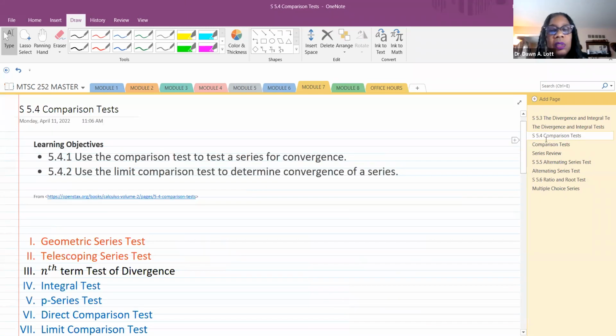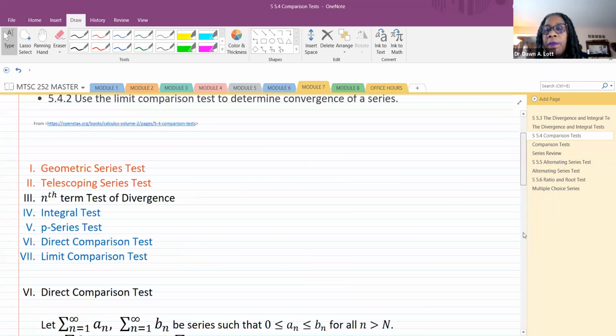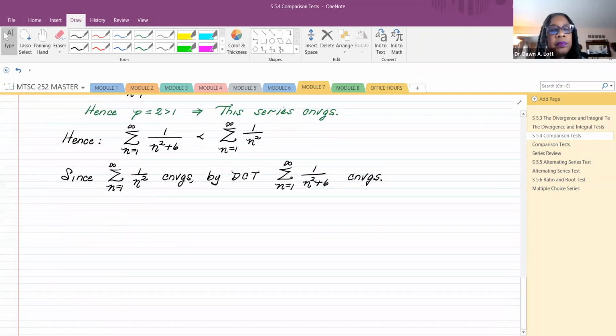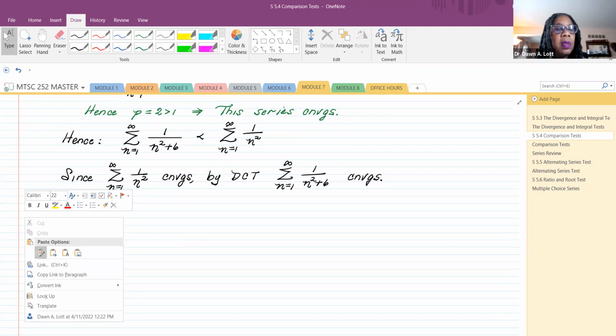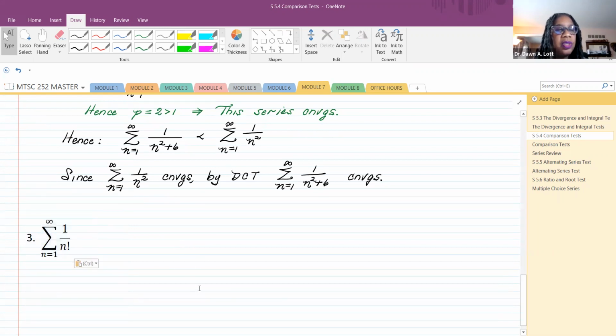Now this one is a little different, because we haven't looked at a series like this. This is 1 over n factorial. I could have even started this one at 0 because 0 factorial exists, but I'm not going to.